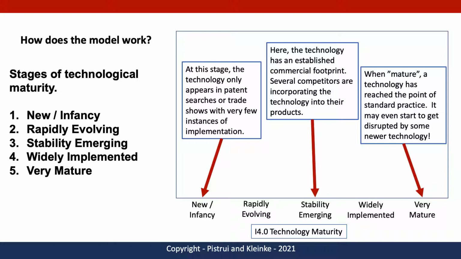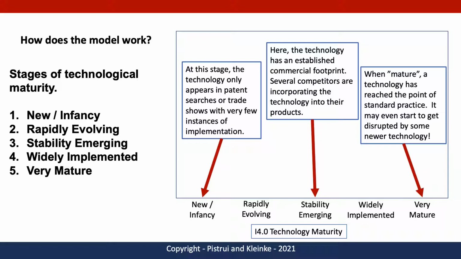Stage 2, it's rapidly evolving. It's gone from the point of infant technology to we're starting to see more and more applications out there. Stage 3, stability is emerging. We're not only seeing instances of it, but it's been commercialized. We start to see it show up in perhaps commercial products or services.